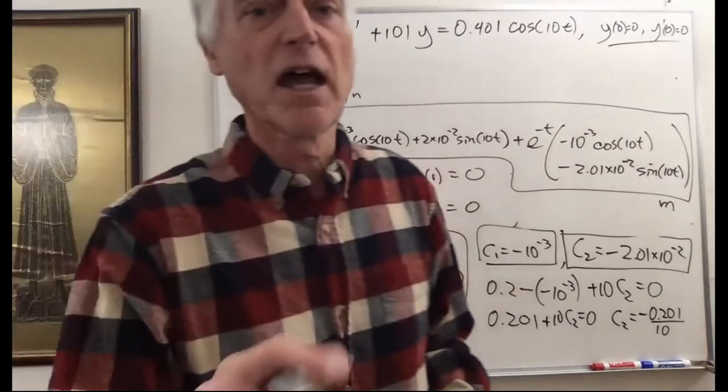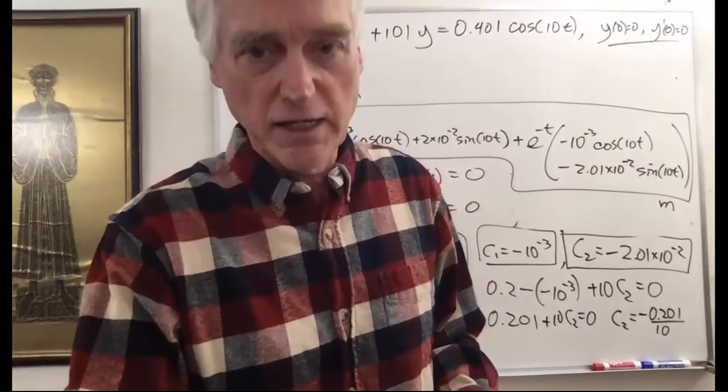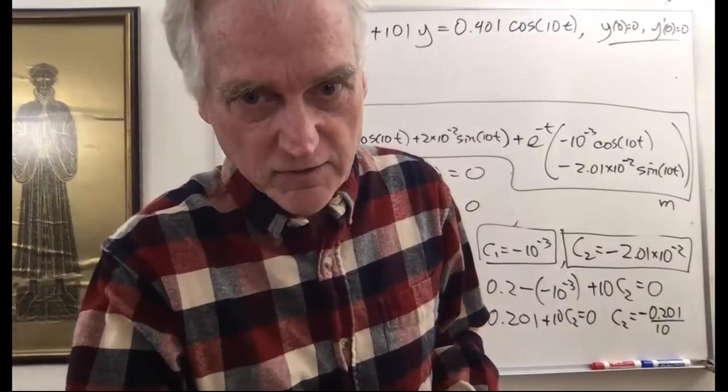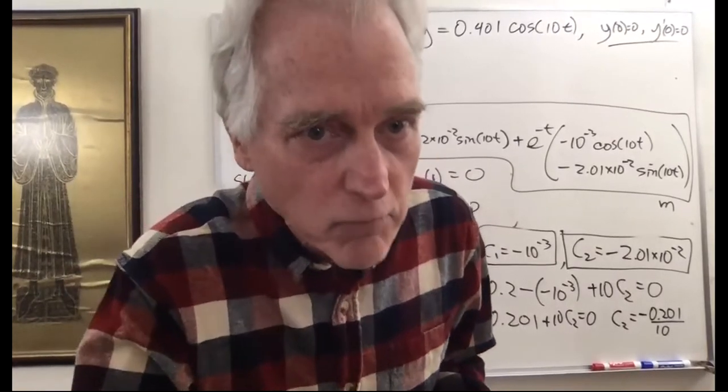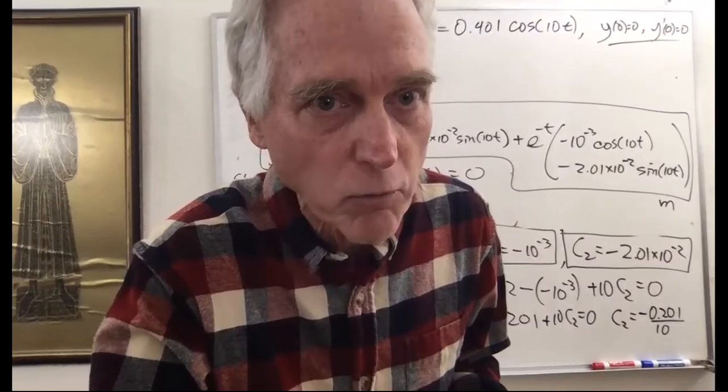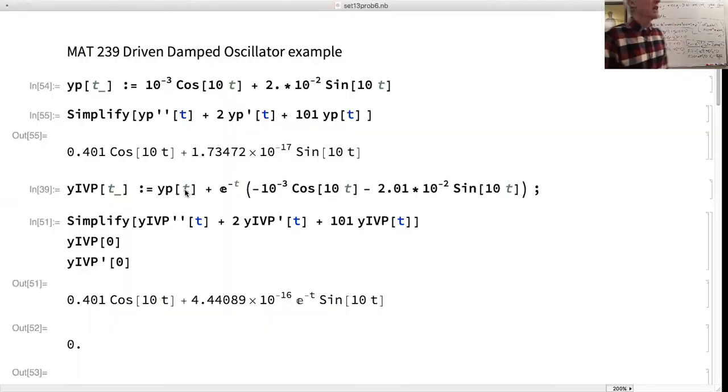And I've actually got this plotted out. Let's share the screen. I've got a Mathematica notebook that will actually allow me to check my answer. All right, so what did I get before with yp? My yp was 10 to the minus 3 cos 10t plus 2 times 10 to the minus 2 sine 10t.